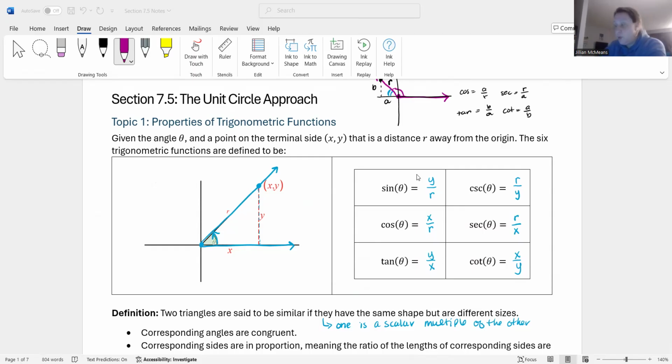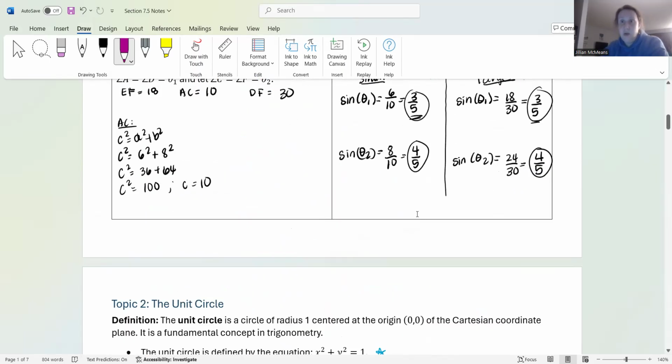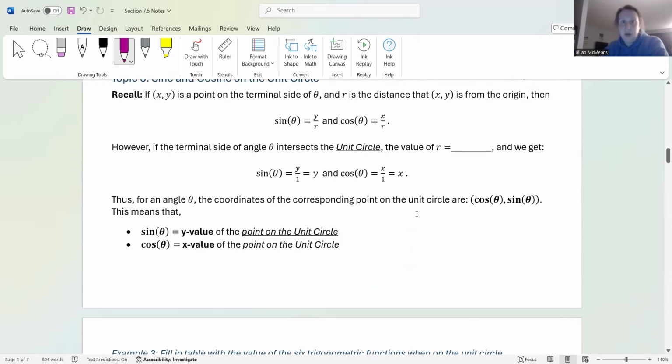And what's most important now that we really want to focus on is the relationship between the angle, the point on the terminal side, and the radius, which is the distance from the origin to that point. So we know that we can define sine as y over r, and we can define cosine as x over r. So that's what we're saying all the way down here.